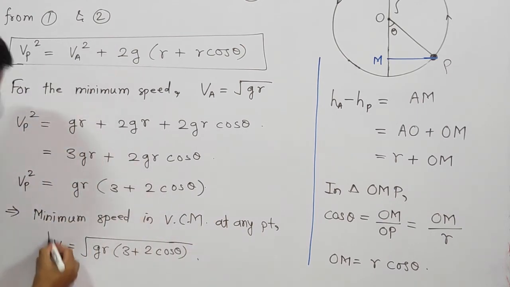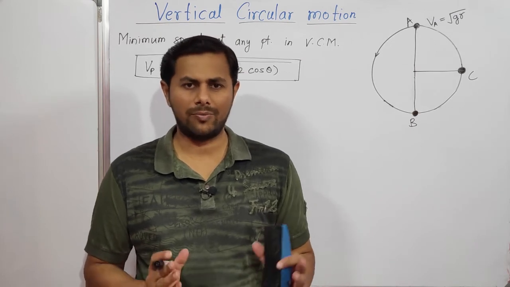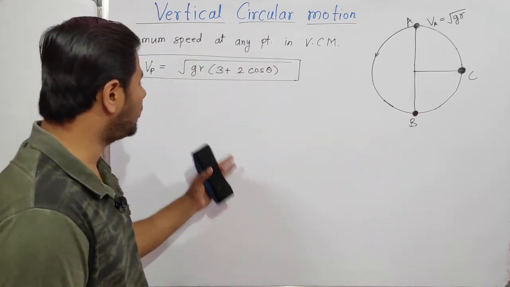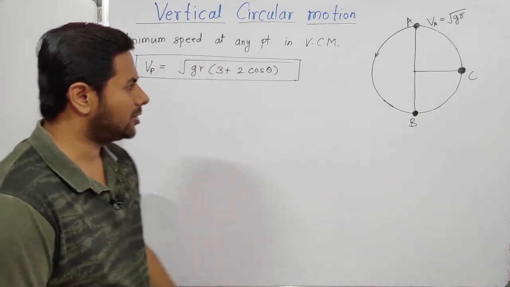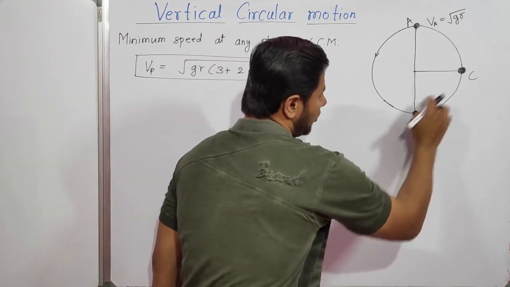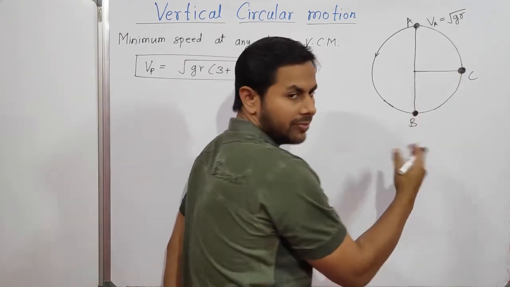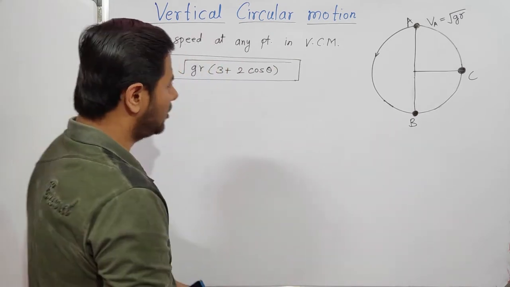Alright. So now we have an expression for minimum speed at any point in vertical circular motion, and we are going to use it to find out minimum speed at these two special points, point C, the midway point, and point B, the point at the bottom.